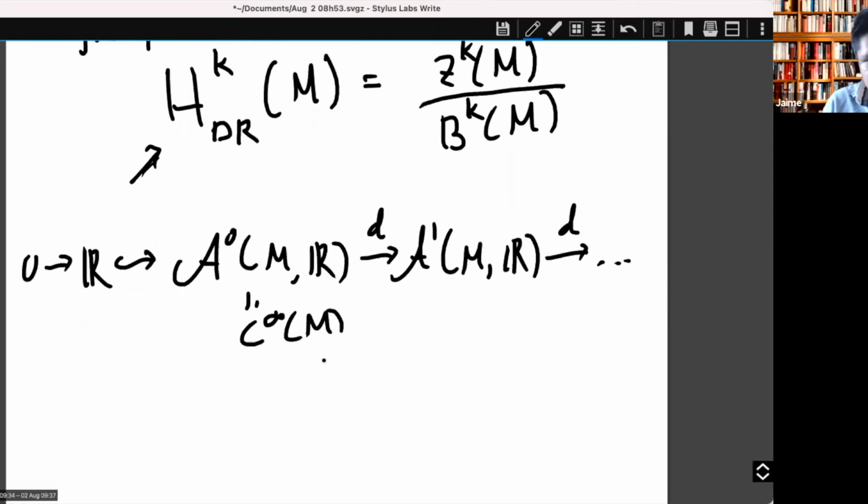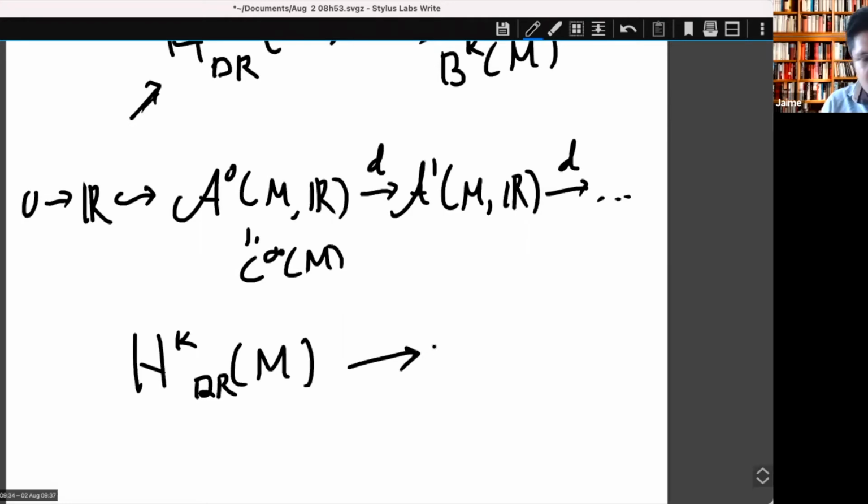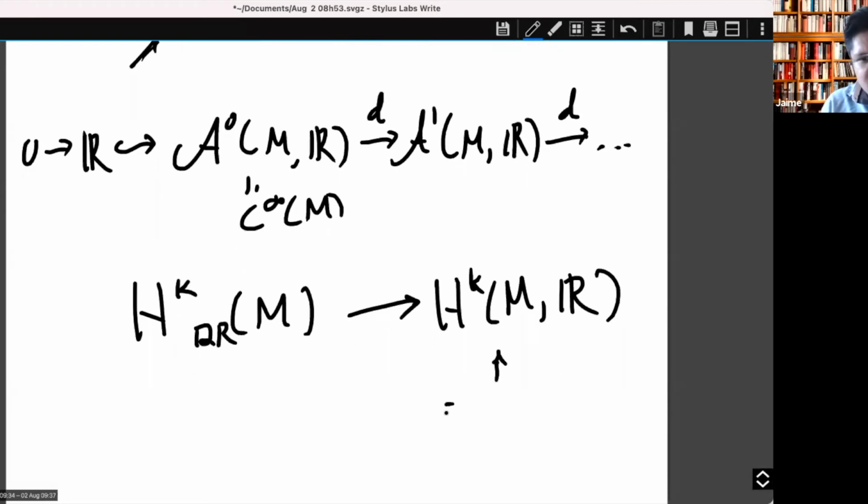And the other thing coming from topology is that whenever you have the de Rham cohomology groups, you can map them to the space of singular cohomology.